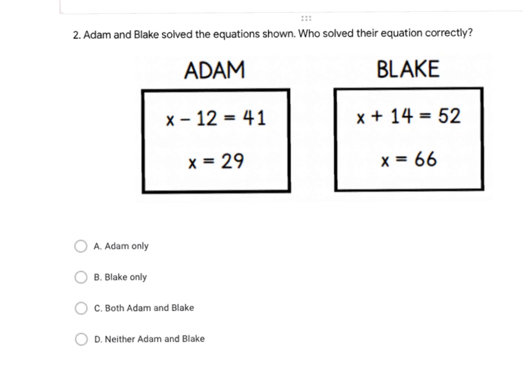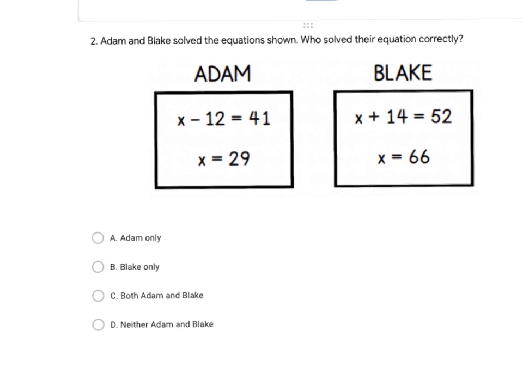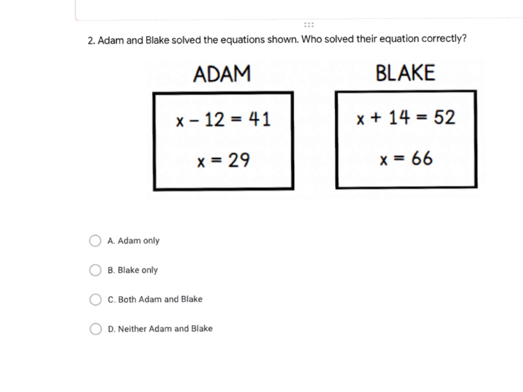Okay, this one, a lot of people had some issues with, so I want to spend some time with this. Adam and Blake solved the equation shown. Who solved their equation correctly? Well, you can do 2 things.